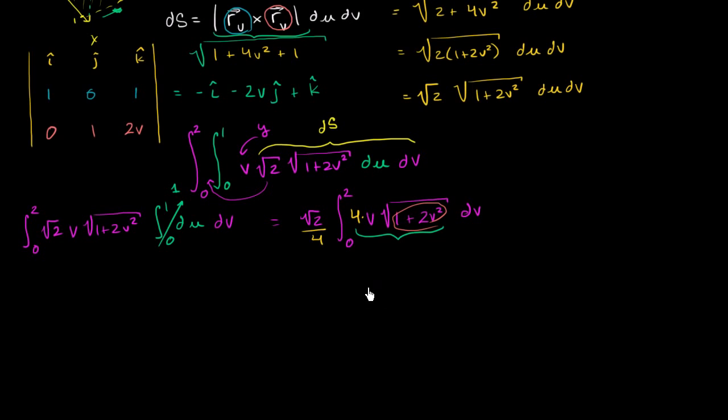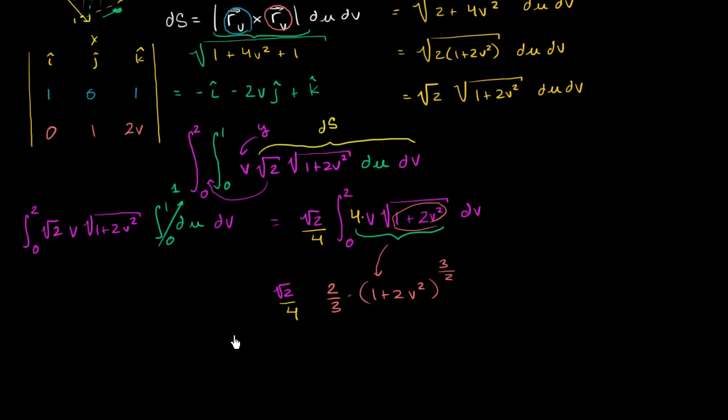We increment it by 1, so it's 1 plus 2v squared to the 3/2 power, and then you divide by 3/2, or you multiply by 2/3. So this is the antiderivative of that, and then of course you still have all of this stuff out front, square root of 2 over 4.